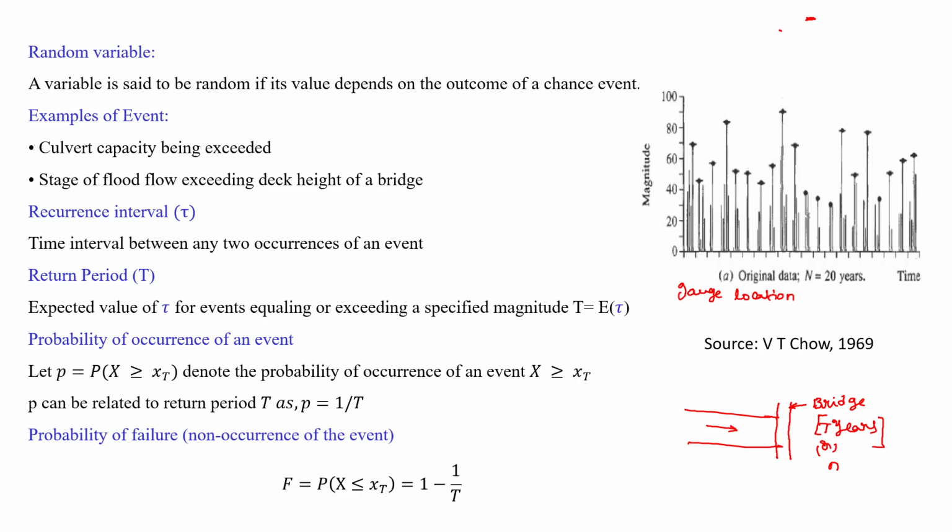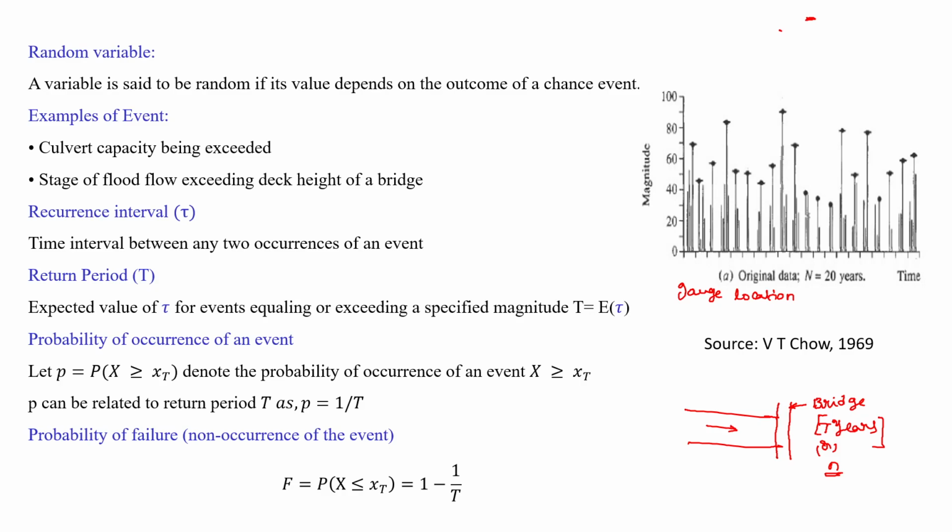To design this bridge, we need to figure out the design stream flow corresponding to these n years. This particular stream flow we often consider as a random variable.